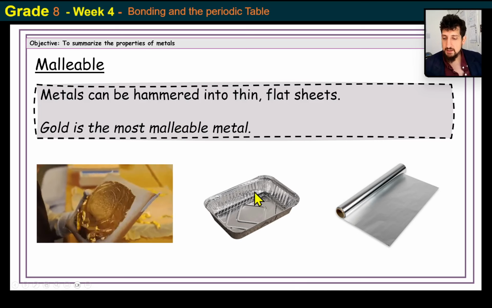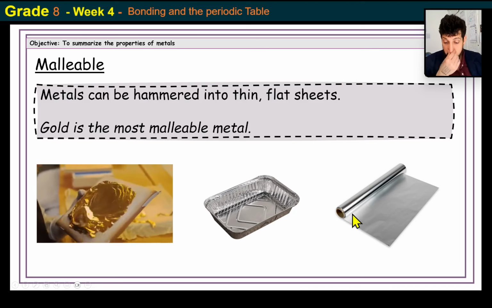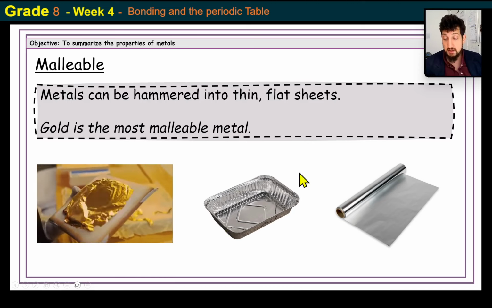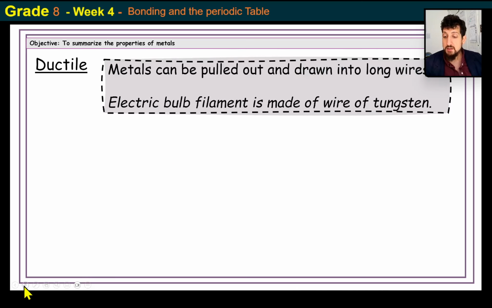Aluminium is very, very versatile. I told you it's one of my favorite metals. It can be made into aluminium foil, containers, window frames, airplanes. Aluminium is amazing. Metals can also be drawn into wires.